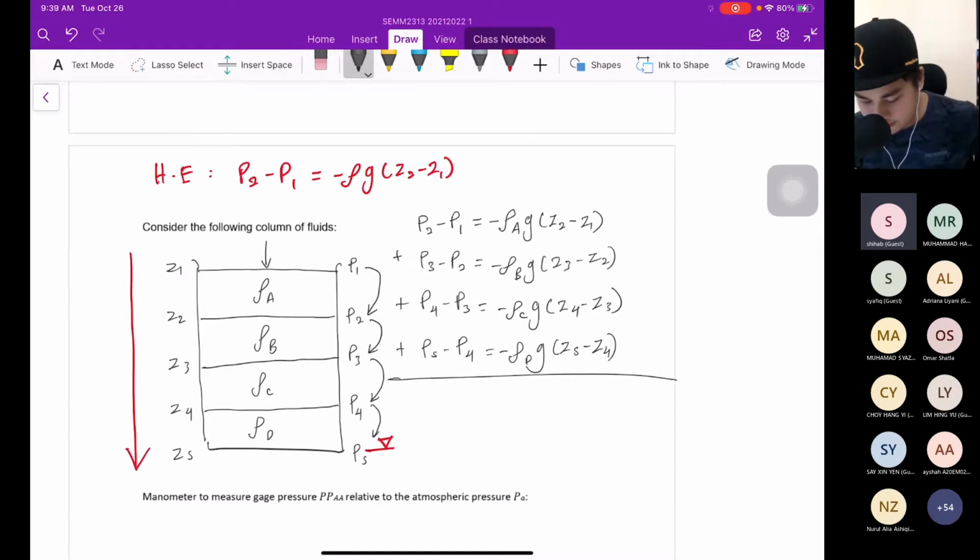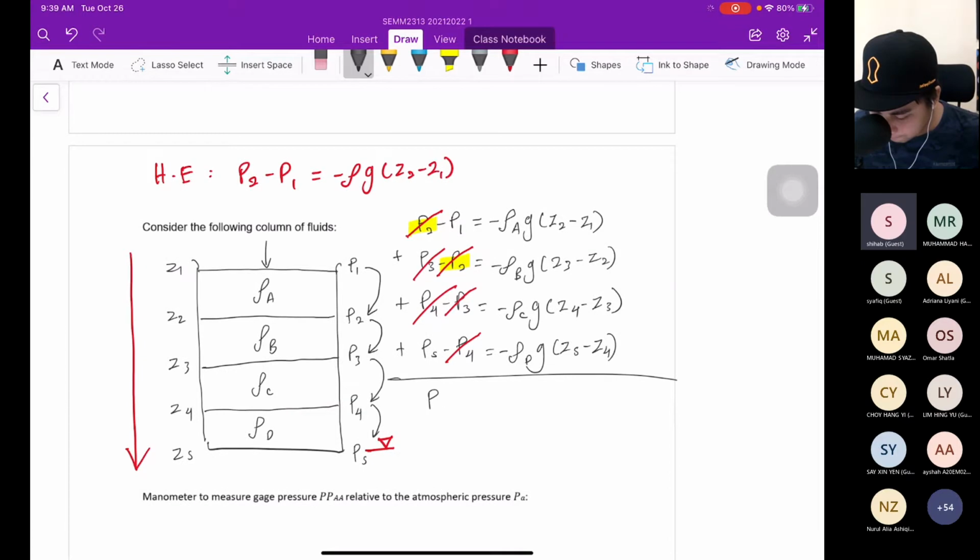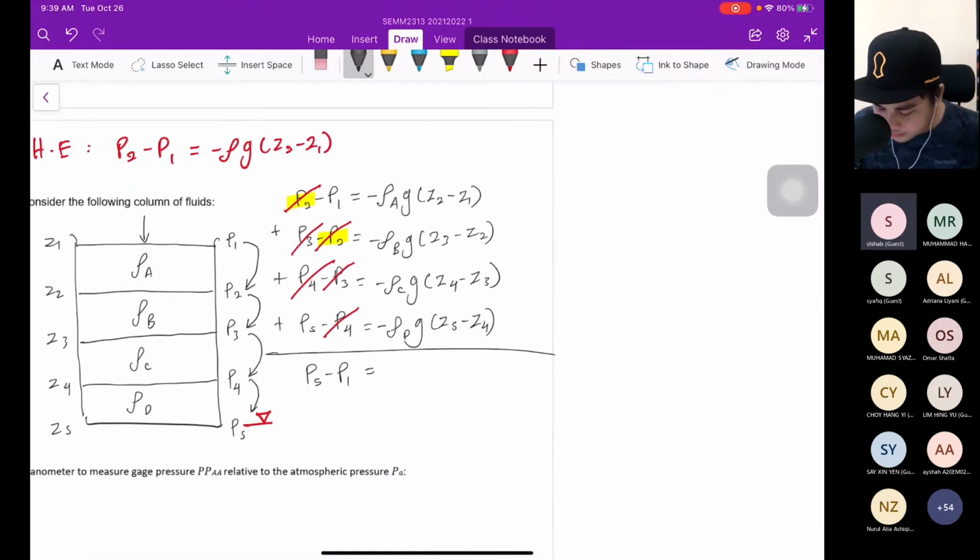Okay, total up. You add everything. You can see P2 minus P2, what do you think? Cancel, zero, right? So cancel. Negative P3, cancel. And P4 minus P4, cancel. What do we have finally? We have P5 minus P1 equal to the combination of all this, you need to add all this.